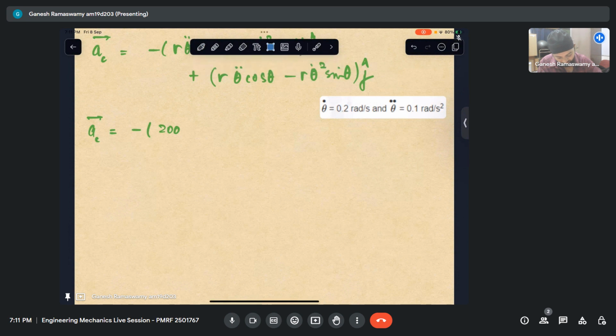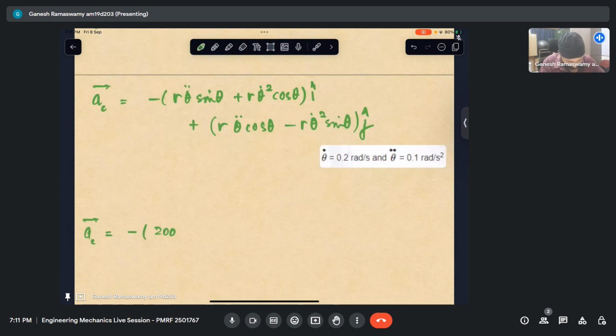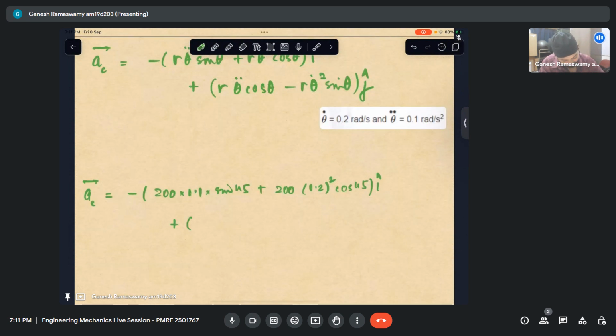So it will be 200 into 0.1 into sine 45 plus 200 into 0.2 squared cos 45 I plus 200 into 0.1 cos 45 minus 200 into 0.2 squared sine 45.